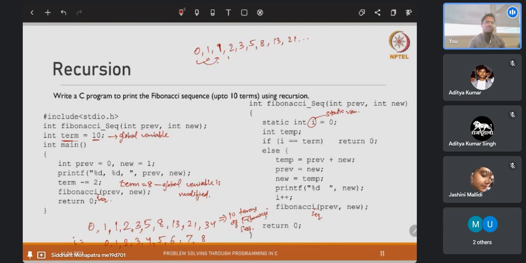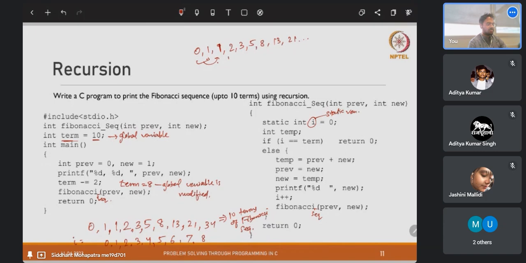If the variable is not destroyed, the value gets carried forward and incremented each time a new term is printed out. So that helped us in knowing how many terms were printed out, and it also defined the recursion.